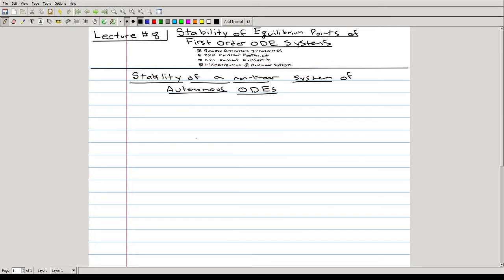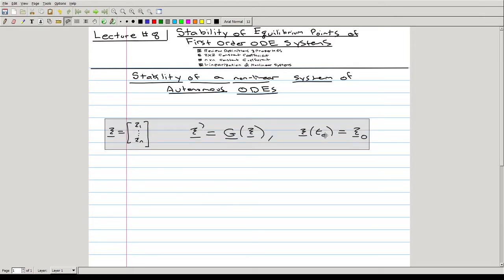So recall that a first order system is a system of form xi prime is equal to some function of xi, where xi 1 to xi n is a vector valued function, where we have some initial condition in general, xi at t naught is equal to xi naught. So in this section we'll analyze the stability of such a system.